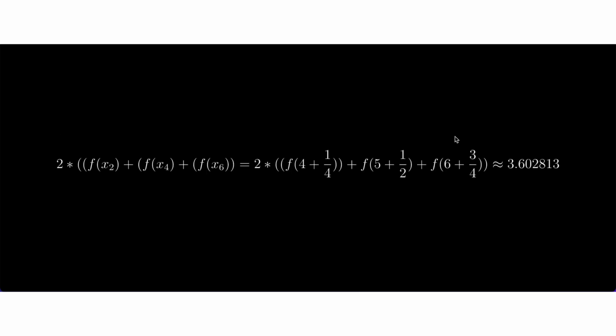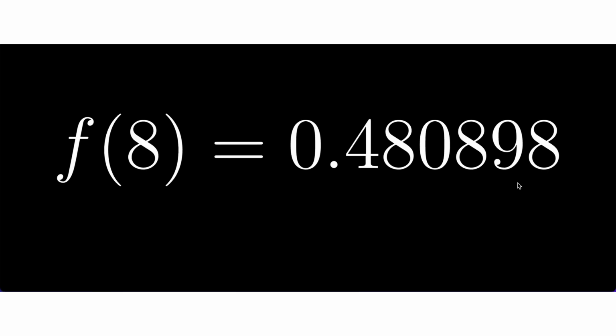The next term, or I should say sum, is 4 times this lengthy mess, which is approximately 9.83995. The next term, or sum, is, again, this lengthy mess, which approximately equals 3.602813. The next term is f of 8, which is approximately 0.480898.